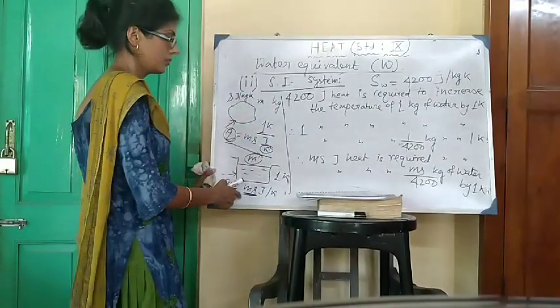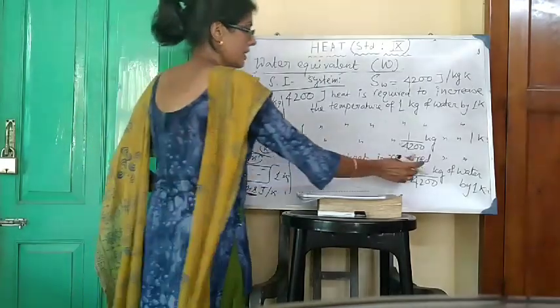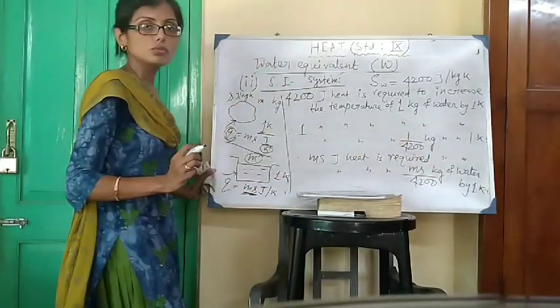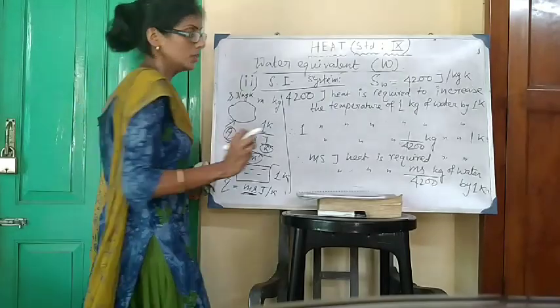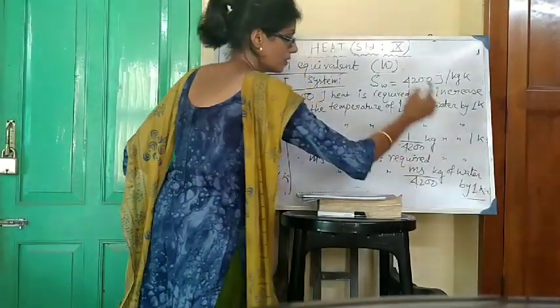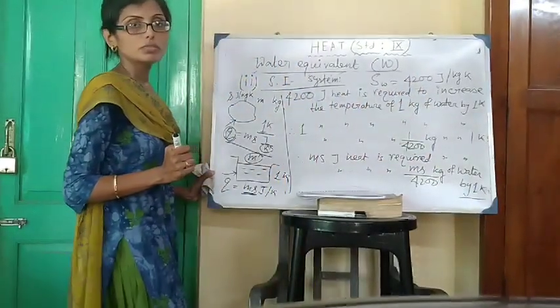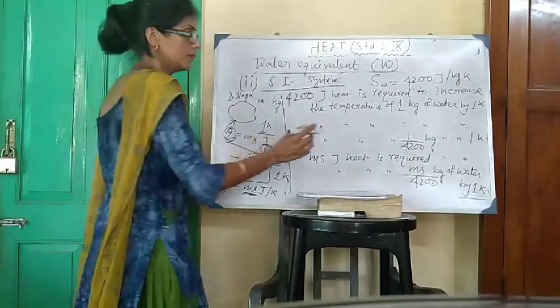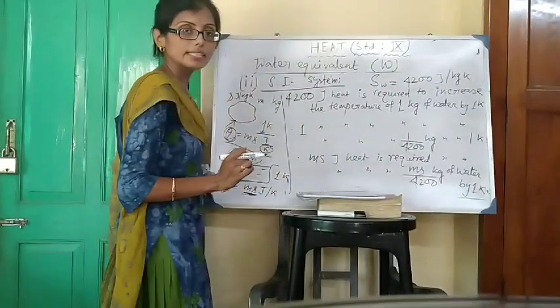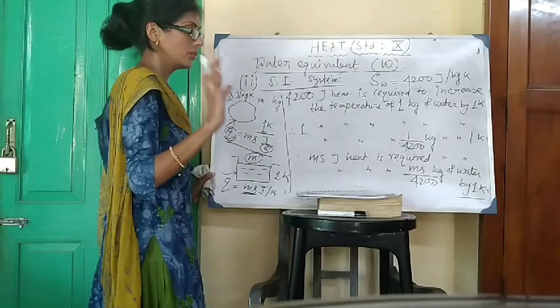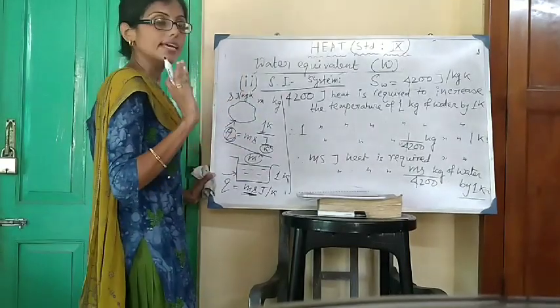That same amount of heat is required for ms by 4200 kg of water to increase the temperature of water by 1 Kelvin. According to the definition of water equivalent, ms by 4200 kg is nothing but the water equivalent of the body in SI system.